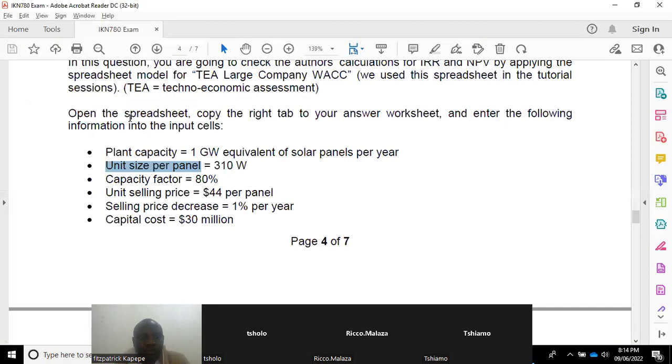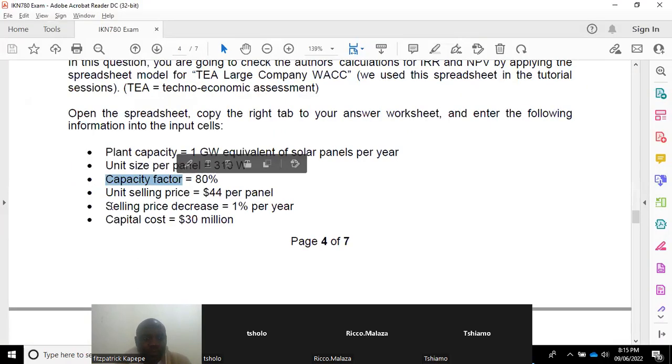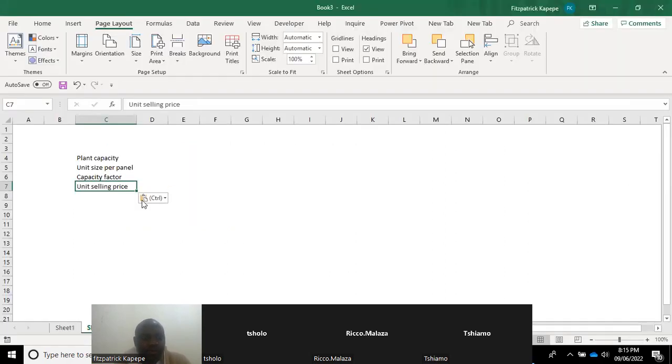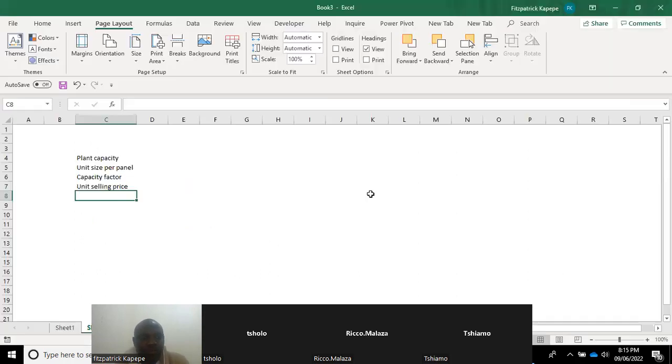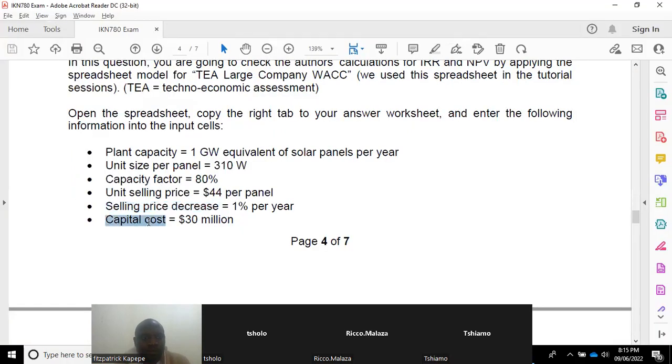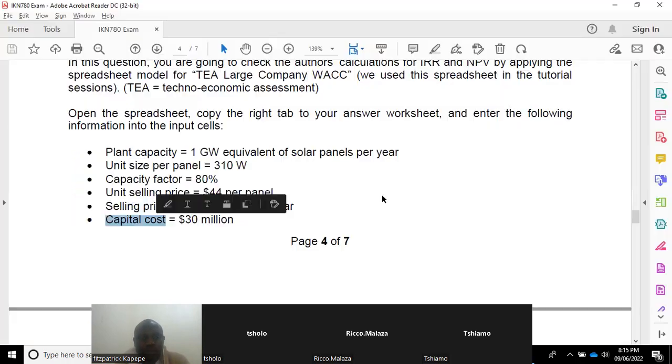Capacity factor, unit selling price. Copy that. Capital cost. What else?